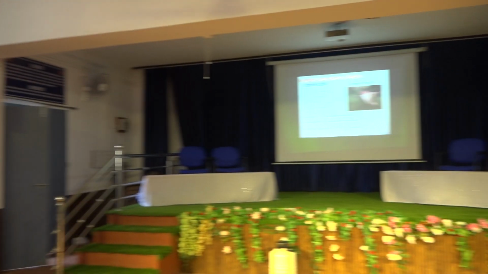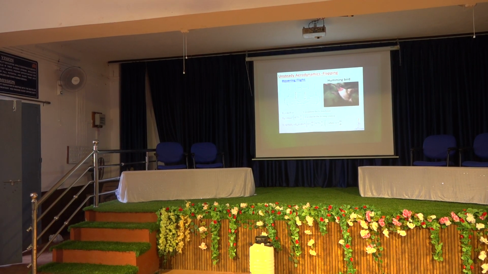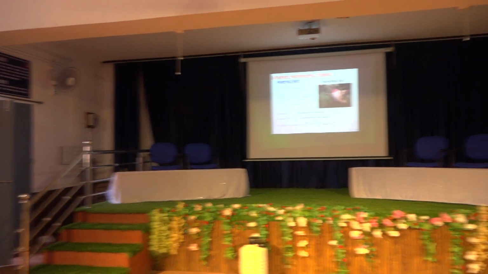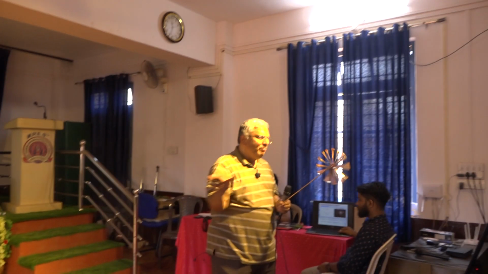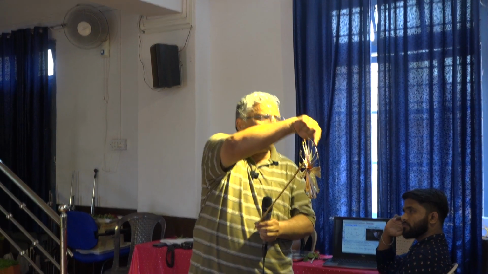If I move like this, it indicates that if I am moving in one direction, it will rotate in one direction. Now the question is, the bird has to do back and forth motion, but the direction of this fan should not change. What they do is move their wing in a figure 8 shape and generate a force always normal to the wing.